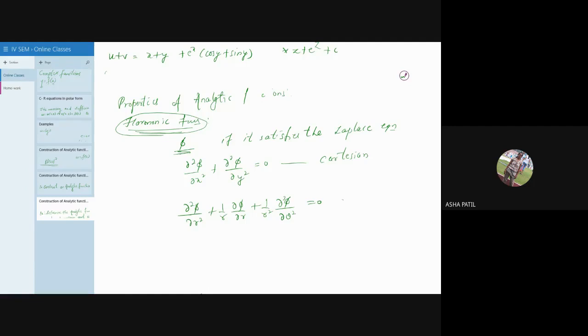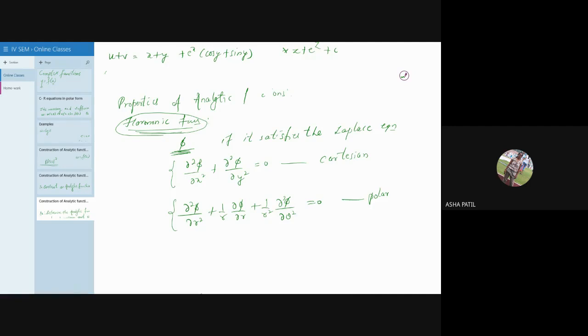If it is in Cartesian and satisfies the first equation, then phi is said to be harmonic. If it is in terms of r and theta, and it satisfies this second equation, then we say that the given function phi is a harmonic function.